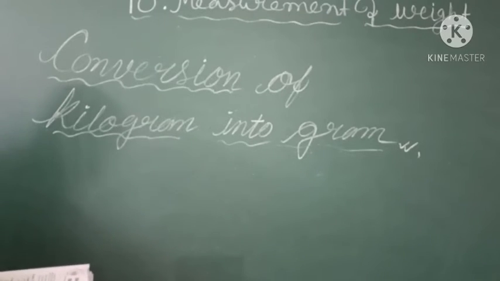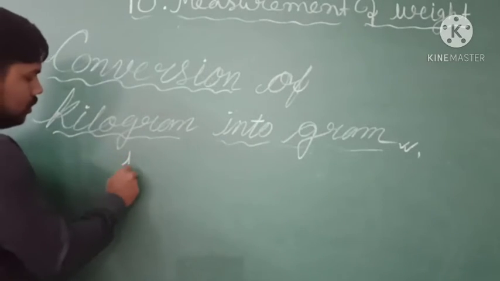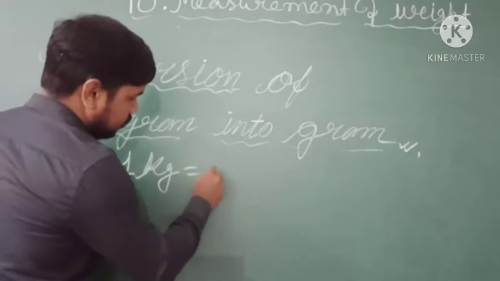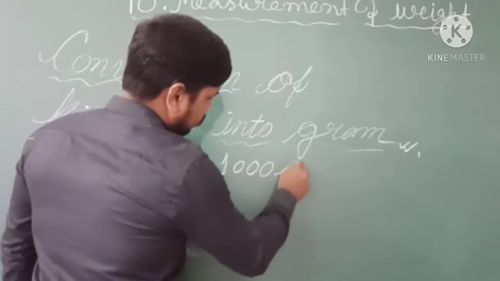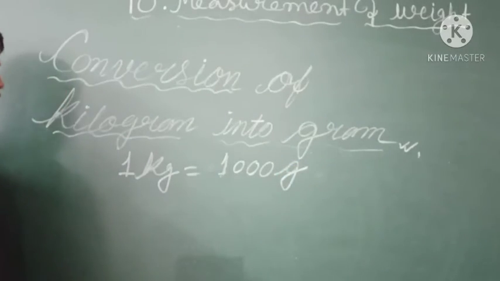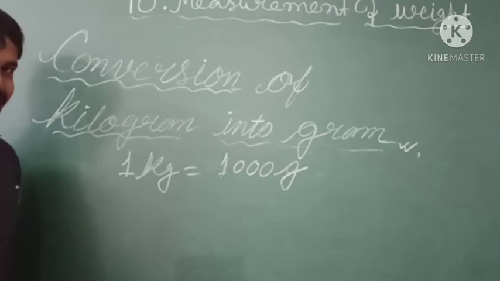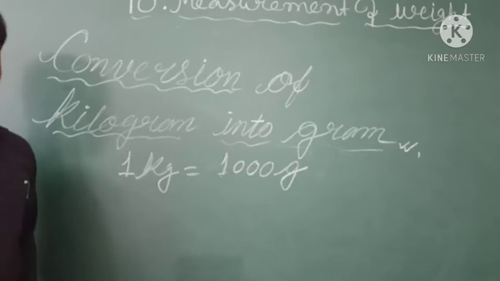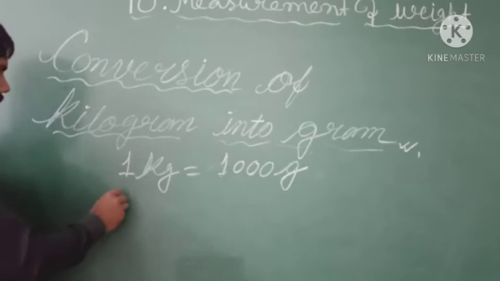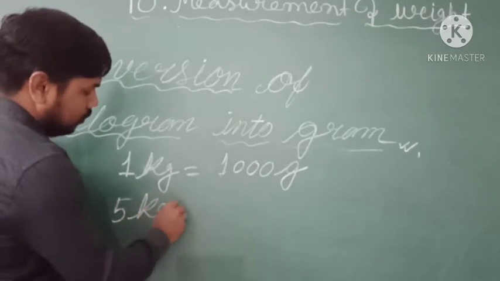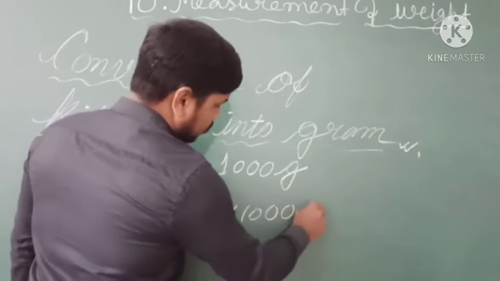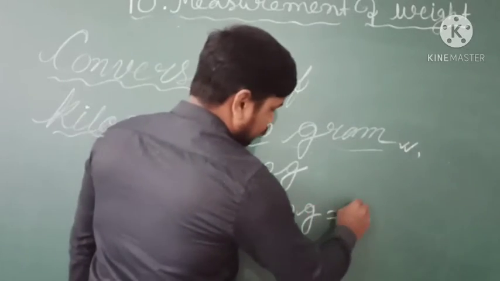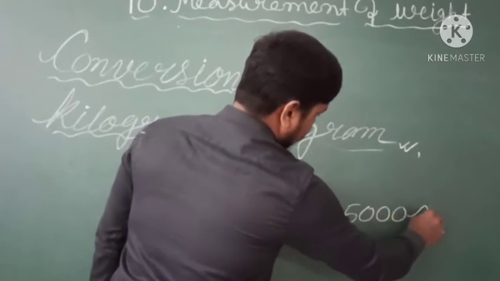It may be any number. As we said, we know 1 kilogram is equal to 1000 gram. So very easily, whatever the kilogram it asks, we can simply multiply that much with 1000. So if it is asking 5 kilogram, then it will be 5 into 1000 gram, that means 5000 gram.